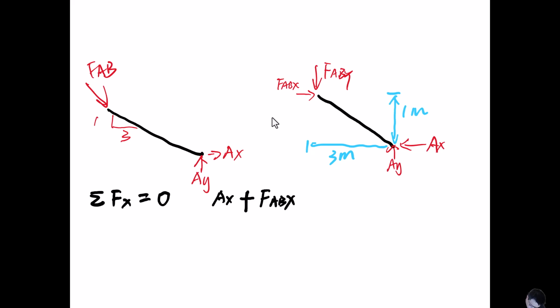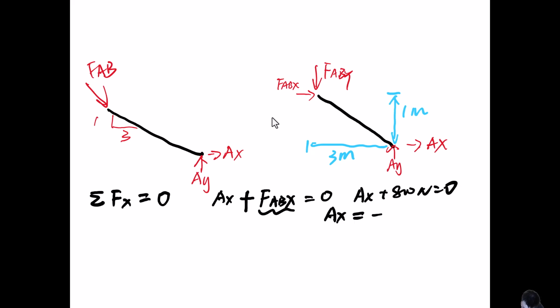So I will assume AX is this direction, equals to 0. And what's FABX? We already solved it. It's 800, equals 0. AX is negative 800, which means our assumed direction is opposite.